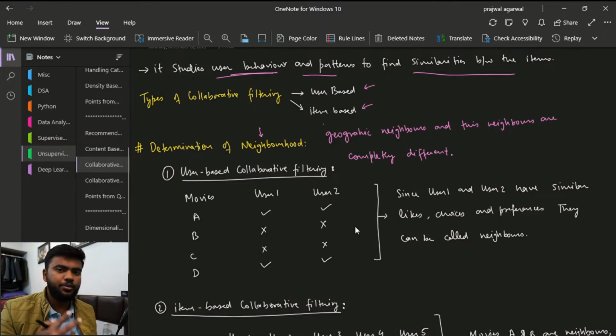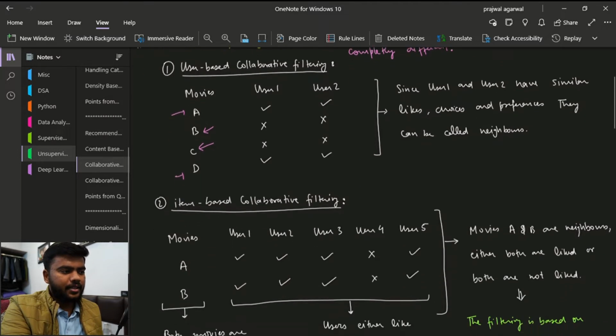How do we say that two users are neighbors of each other? Two users are said to be neighbors when they like the same type of content and when they don't like the same type of content. Since user 1 and user 2 have similar likes, choices and preferences, they can be called neighbors.